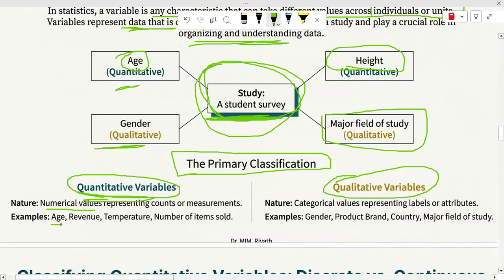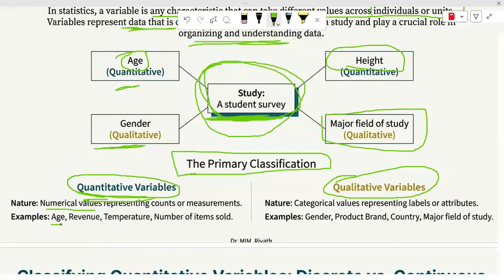Examples: age, revenue, today's revenue, annual revenue, monthly revenue, the temperature of the classroom or the surrounding, the average temperature of the country or district, number of items sold. All of these represent numbers.